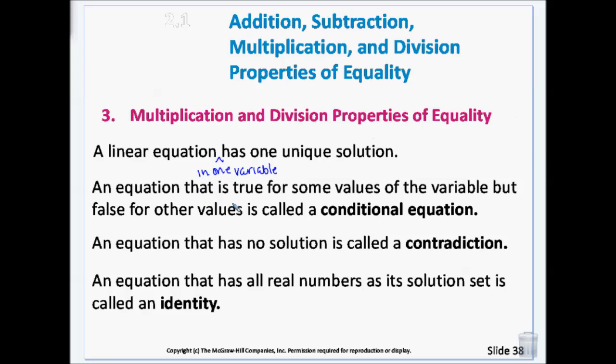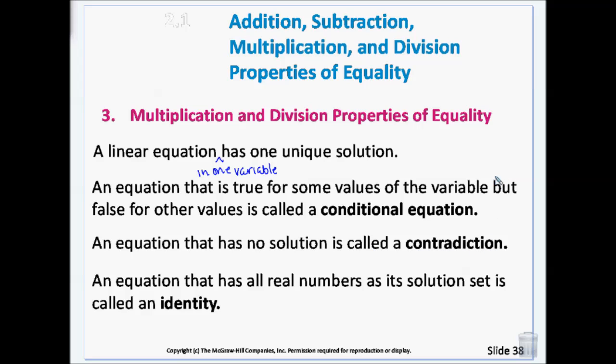An equation that is true for some values of the variable but false for other values is called a conditional equation. That seems kind of odd. If you have no solution, you're a contradiction.